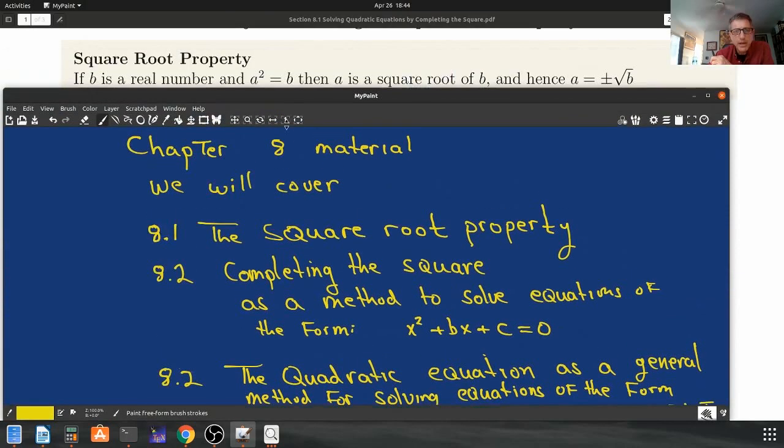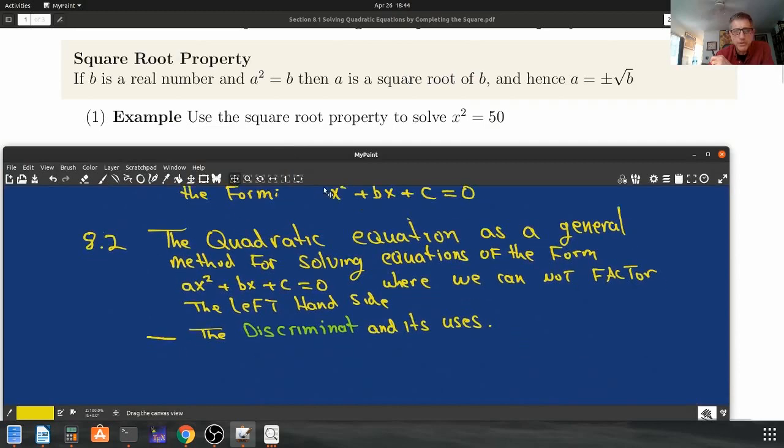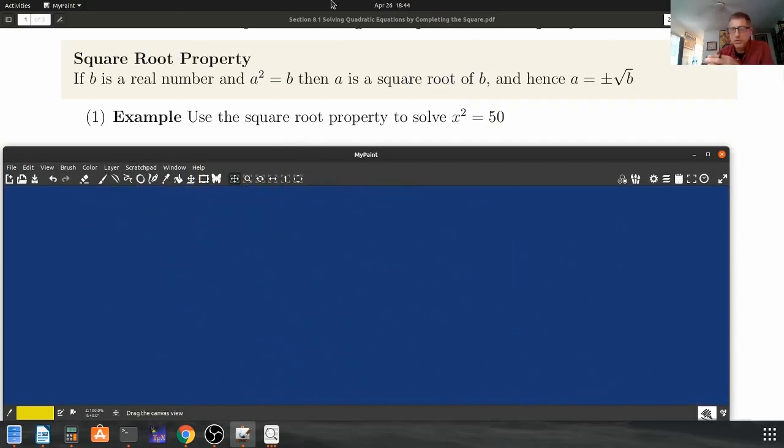And as always, this one is pretty simple, so I actually want to derive it. So I'm going to derive the property using this example. So this is example 1. So we have x squared is equal to 50.